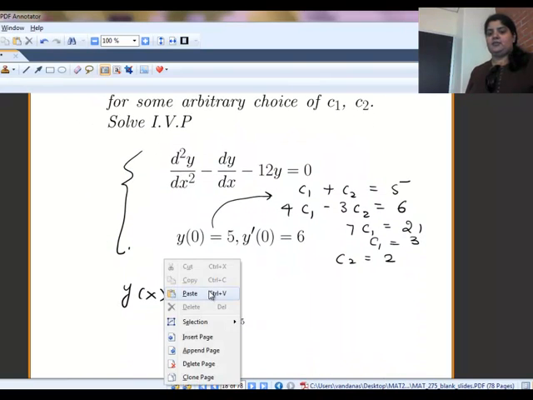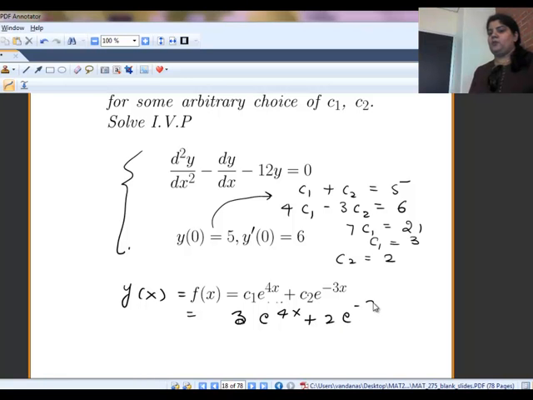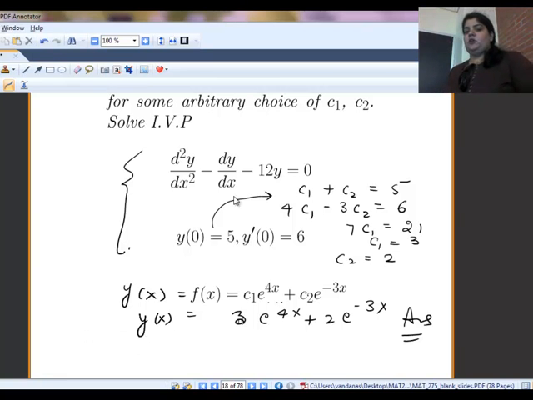So y(x) is this, and C1 here is 3. So 3 e to the power 4x plus C2, which is 2, e to the power minus 3x. So this is the unique solution of this problem. So if an initial condition is given, from the family of solutions we obtain one particular unique solution.